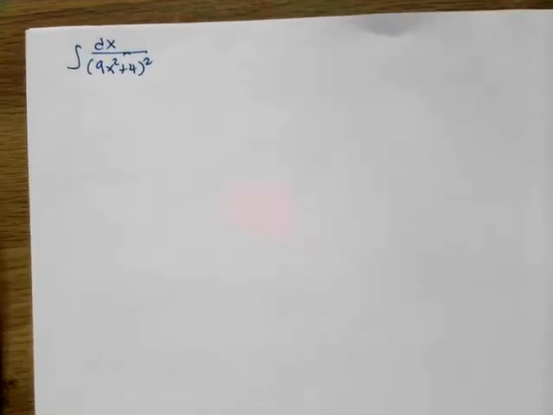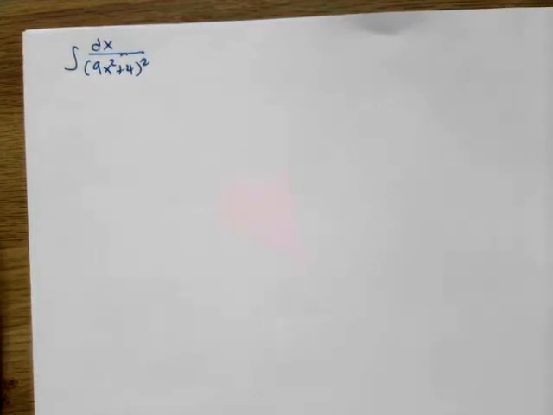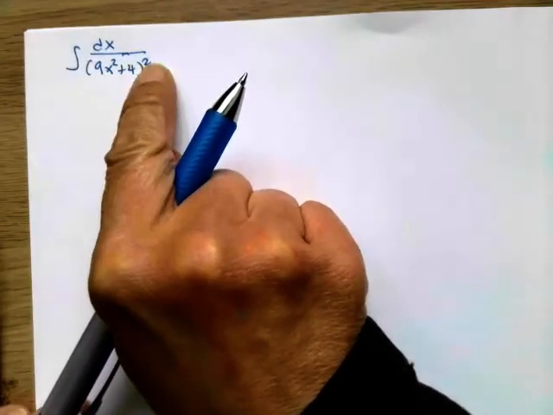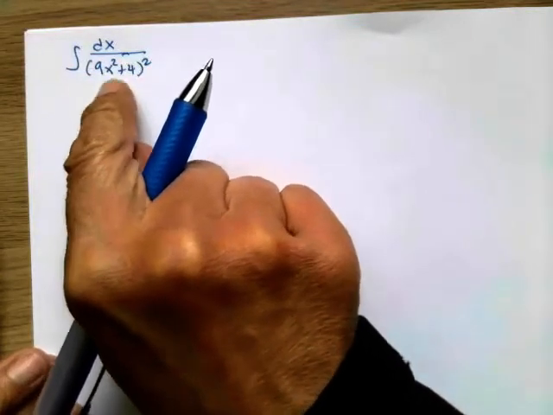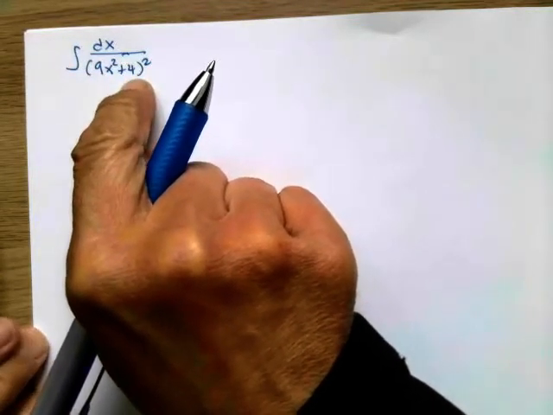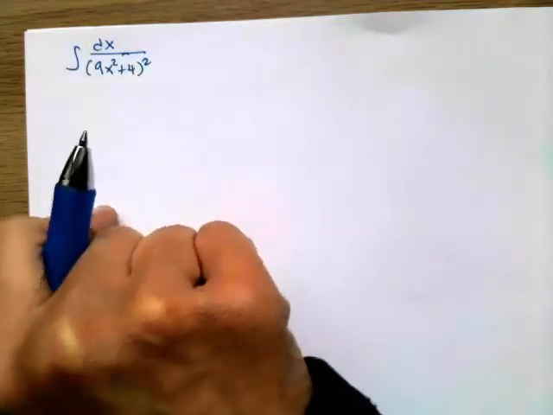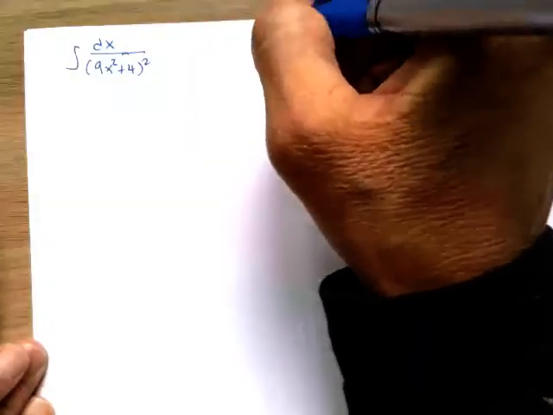What should we do? It would be sure nice if that was just an x squared and not a 9x squared. So I think what I want to do is go ahead and factor out the 9, but it's not just a 9, it's a 9 squared. So I'm going to factor out a 9 squared out of this denominator. So let's come over here.